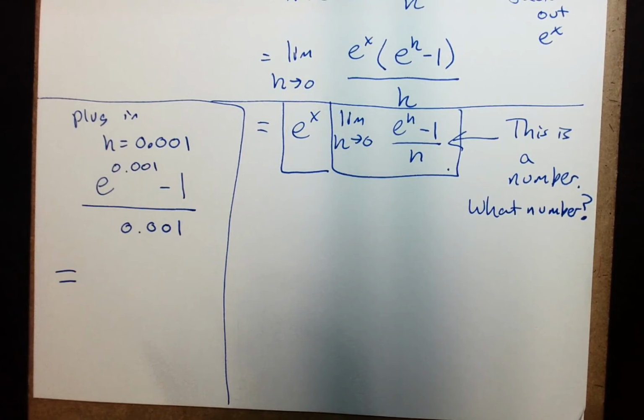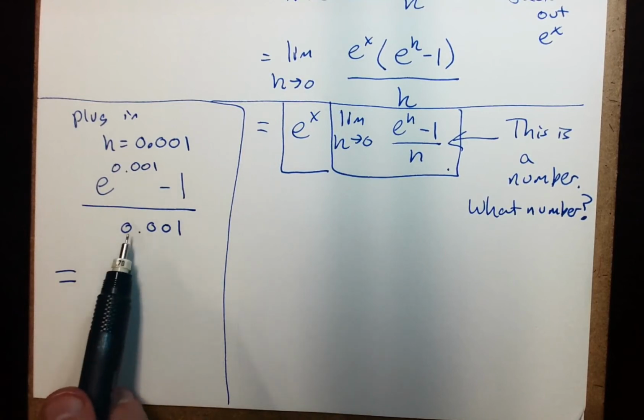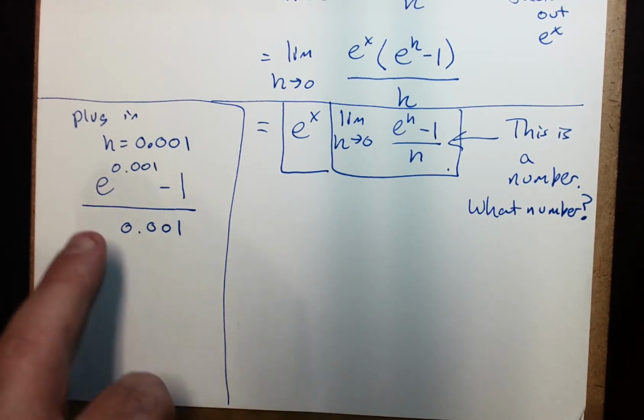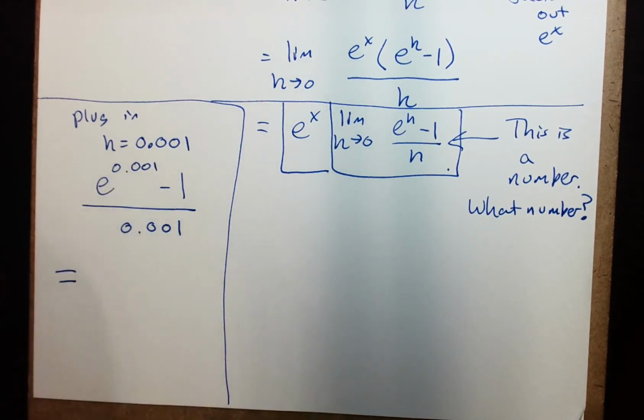I would have e to the 0.001 minus 1 over 0.001. And I'm going to work this out on a calculator, if I can find my calculator. Here it is. So if I try to work this out, e to the 0.001, okay, there we go. 0.001, enter.